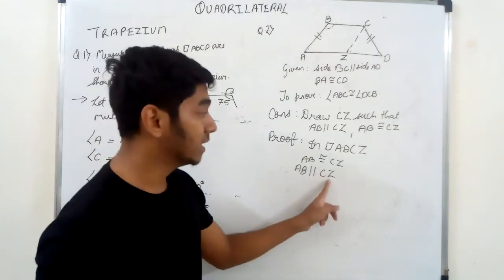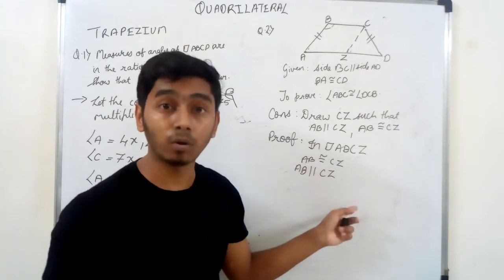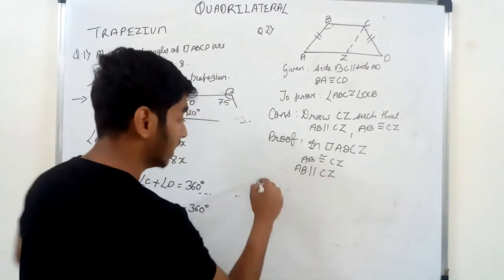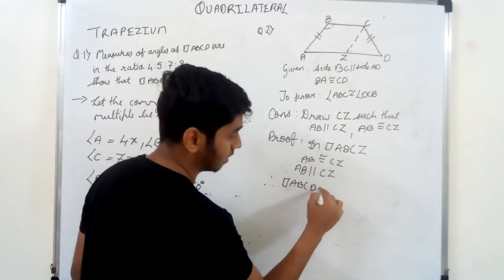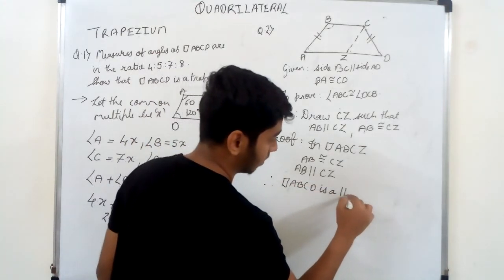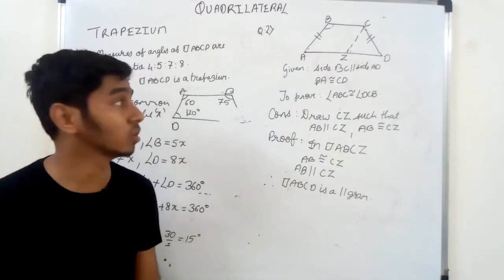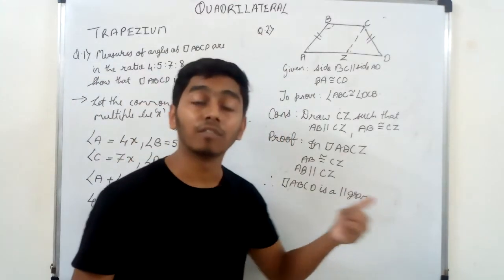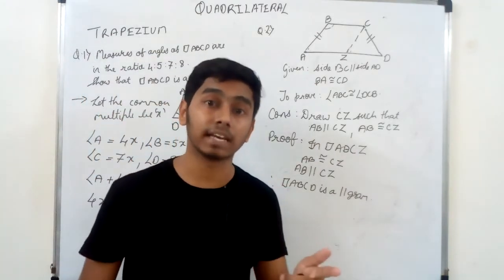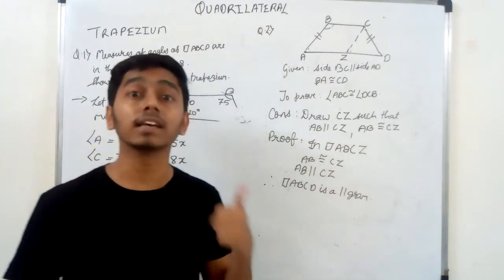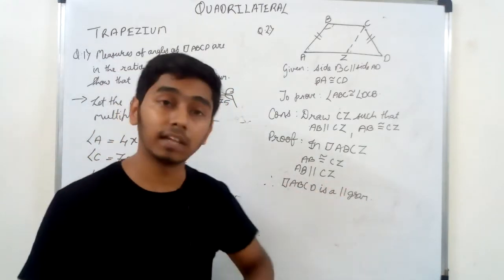So if AB is parallel to CZ and they are congruent also, can I say that quadrilateral ABCZ is a parallelogram? Yes or no? Because you remember, for a quadrilateral to be a parallelogram, we just need to prove that one of the pairs of opposite sides is parallel as well as congruent. Okay, so we have done that.